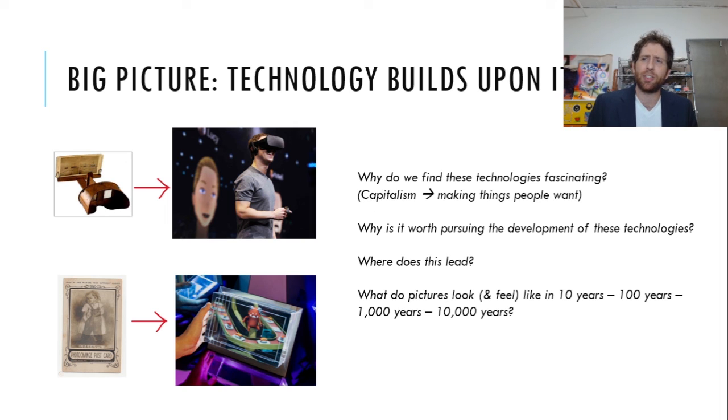And this is just kind of a frame for this whole discussion. What do pictures look like in 10 years, 100 years, 1,000 years, 10,000 years? I mean, we've only looked at 150 years of technology development in this short video, and we've come so far. It's really mind-blowing to imagine what's possible going forward.